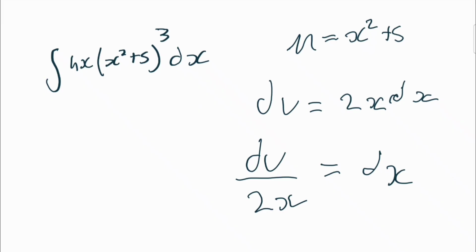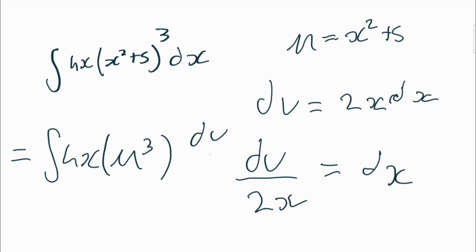Great. Now we can plug this into here. So this equation now, after we've changed it, is going to look like this: the indefinite integral of 4x u cubed du over 2x. Now, you might see here that the 4x as a numerator, as it is 4x over 1, can actually correspond with the 2x as the denominator.